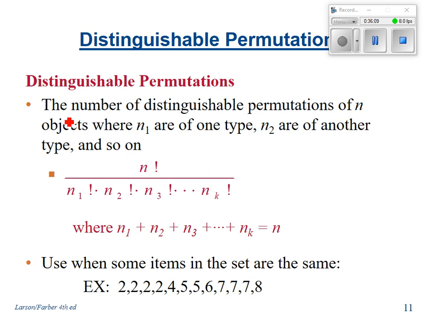We just use 1 factorial. How many A's? 1 factorial. How many J's? 1 factorial. Do I really need to write all these 1 factorials down? No, because that's just 1 and it's not going to change anything. So the only one that we really need to deal with here is the E's. How many E's are there? So we do 2 factorial.